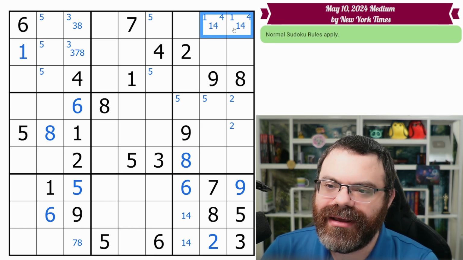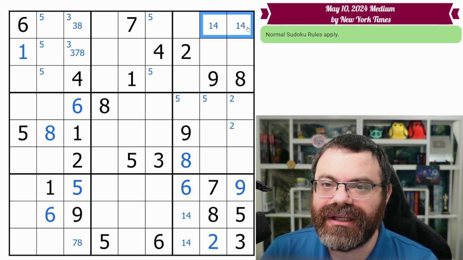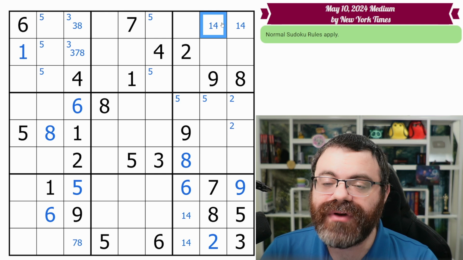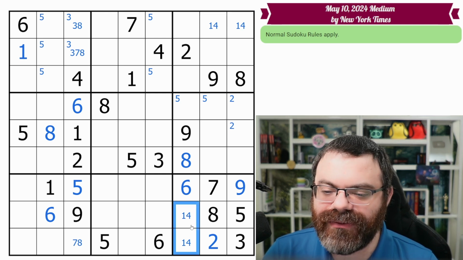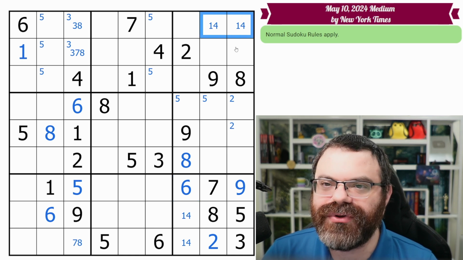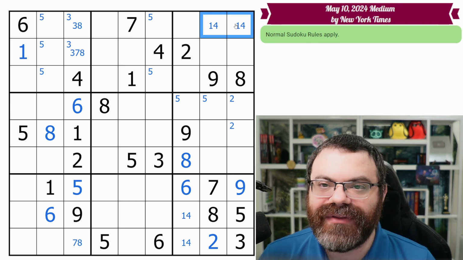Hidden pair meaning we can just say these cells will end up 1, 4. They won't end up anything else. So when you find something like a hidden pair, hidden techniques in general, remove other candidates from those cells. So this naked 1, 4 removed those candidates from the rest of the column. A hidden 1, 4 removes any other candidate from those cells that we found the hidden pair in.